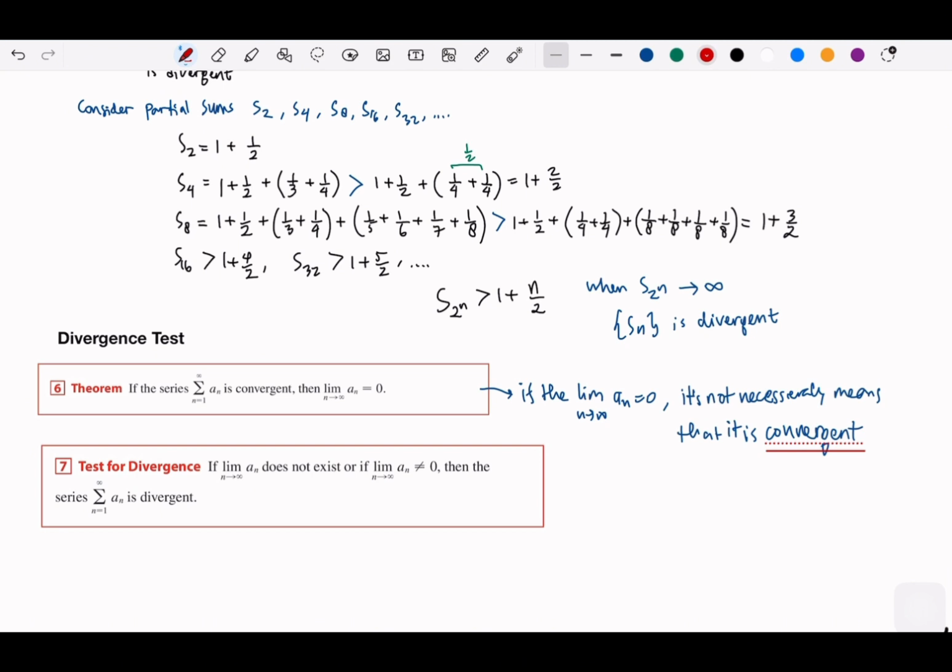So every time you see a series, you can take the limit. If the limit doesn't exist or is not 0, you can just answer that it's divergent directly. And for other tests, this first test will always be at the beginning. There will be some tests and methods, but the test for divergence will always be your first choice to check.